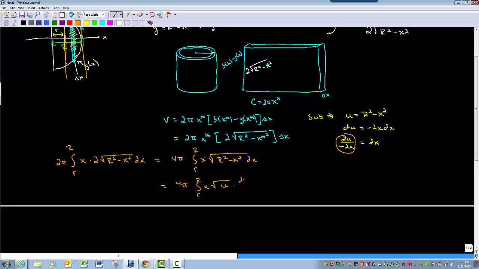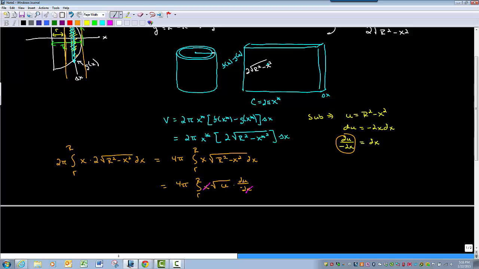So that'll be du over negative 2x. What you'll notice is that this x and this x cancel. And they can cancel here because x is not 0. If x were 0, right at this spot, then this guy falls apart. Okay.